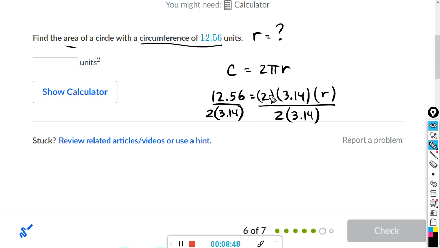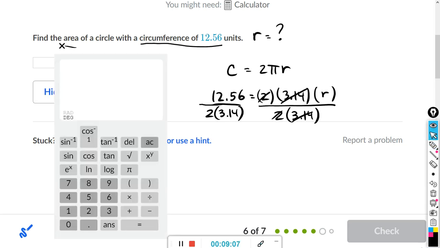Okay, on the right-hand side, 2 divided by 2 cancels. 3.14 over 3.14 cancels, and we're left with this right here. Okay? Now, if you want, like I said before, you can enter this in the calculator, or you can do it in 2 separate steps if you want. Okay?